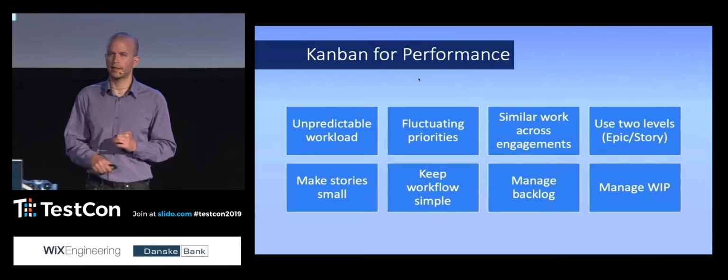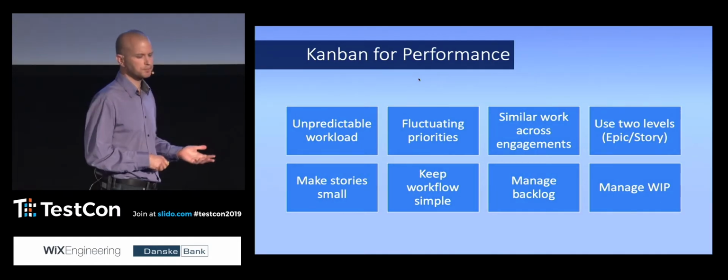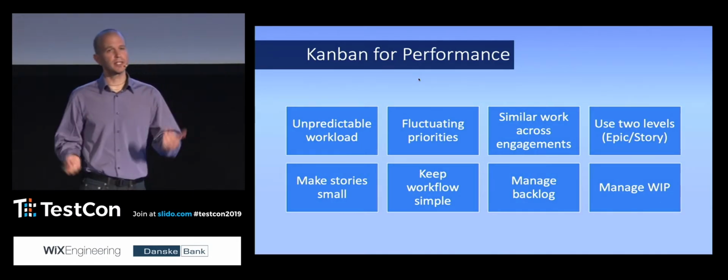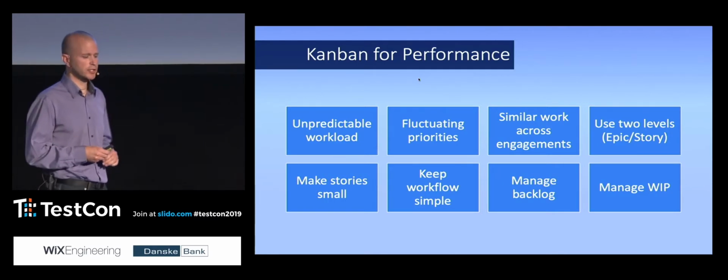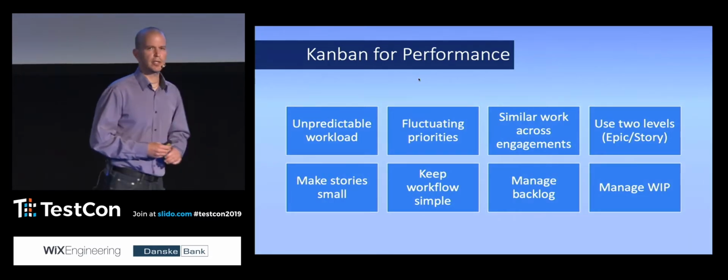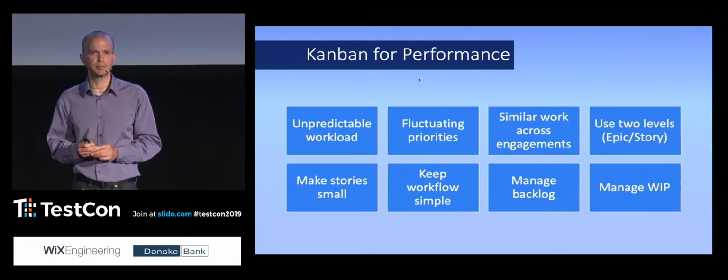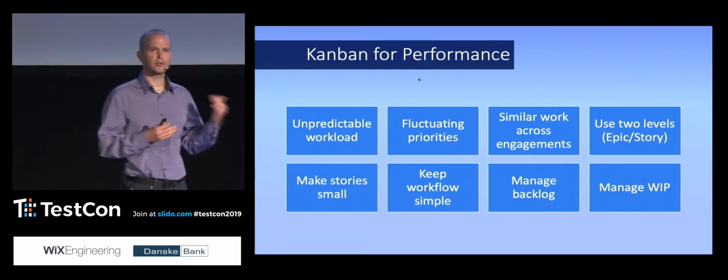I've found a lot of success in using Kanban. Why? Because a lot of times as an enterprise performance engineering team, you're not aligned with development teams. Currently I work with about 50 different development teams, and they're all on their own schedule.